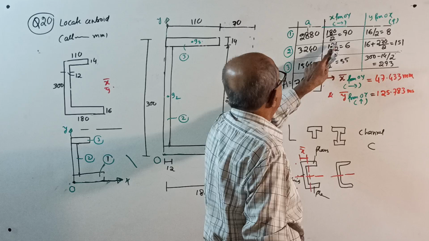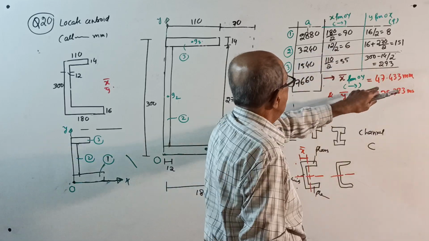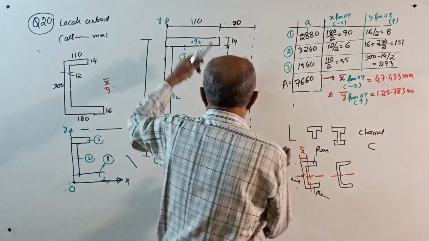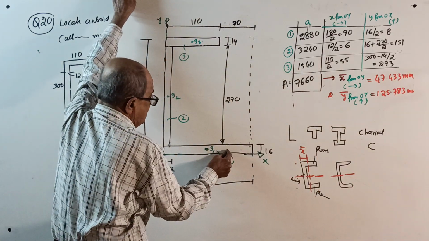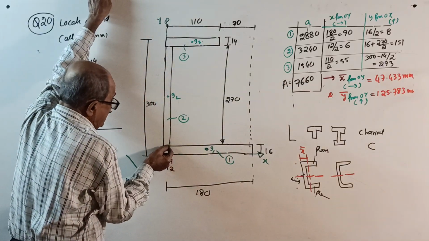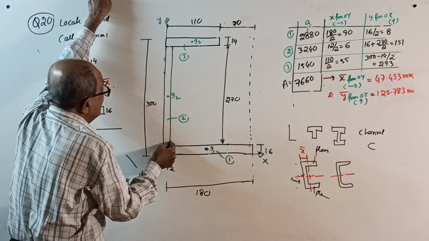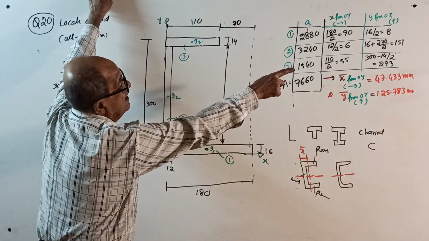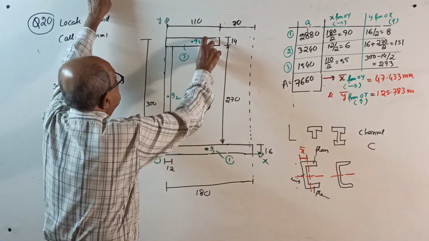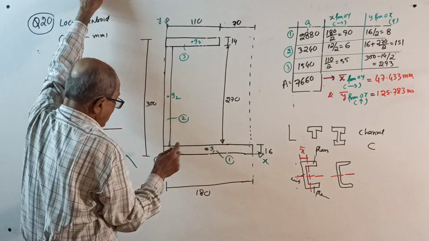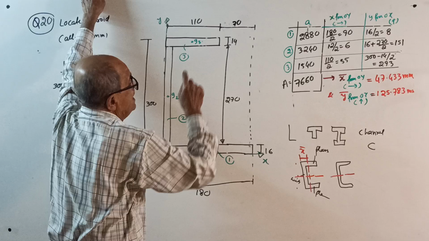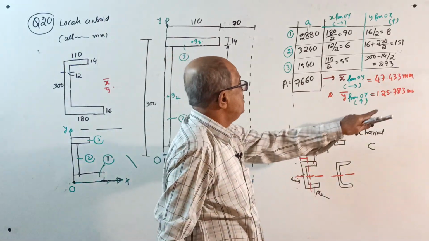A1 x1 plus A2 x2 plus A3 x3 divided by total area gives x bar as 47.433. Y distances: figure 1, half of 16, that is 8. Figure 2, 16 plus half of 270, that is 151. Last one, 300 minus 14 by 2, or 16 plus 270 plus 14 by 2, do whatever you want, and you get y bar.